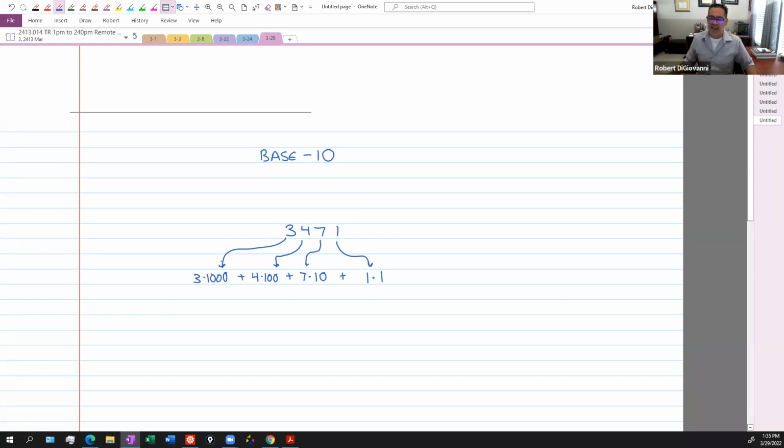Do you remember seeing that in grade school? The first position is how many ones you have. The second position is how many 10s you have, right? You don't remember seeing this at some point? Well, look, I'm going to highlight something. These numbers all have something in common. What does the number 1, 10, 100, and 1,000 all have in common?